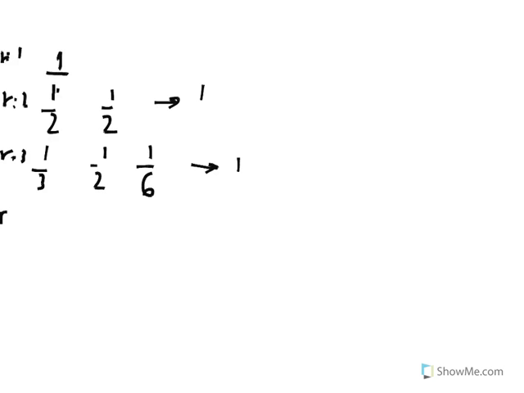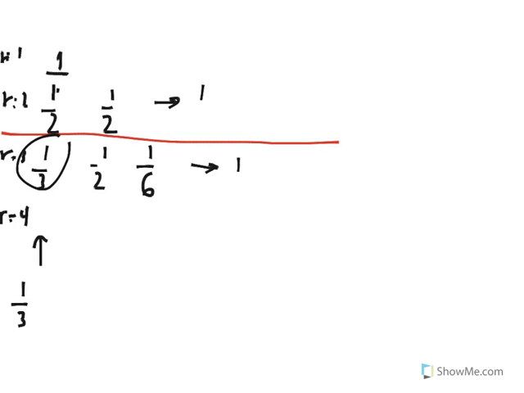Okay, here's how I get the fourth row. To get the fourth row, the only thing we need to know is the third row. There's a little formula for getting the numbers, and it works like this. To get the first number, we're going to multiply the number above it, so that's 1/3. That's the number above the number I'm trying to get.